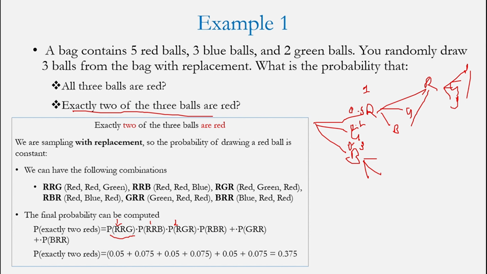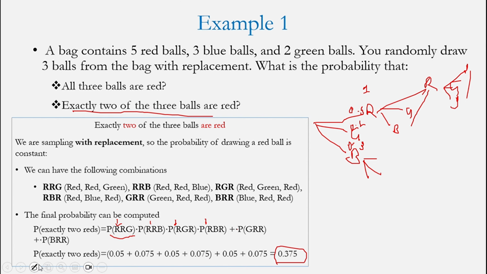Since the items deviate from the same initial selection, we combine them by multiplying the products. Then we have the second one and the third one. Now we are doing addition here. So what do we do next? We add the elements we've gotten here: 0.05 plus 0.075 plus that and that, and it gives us 0.375.